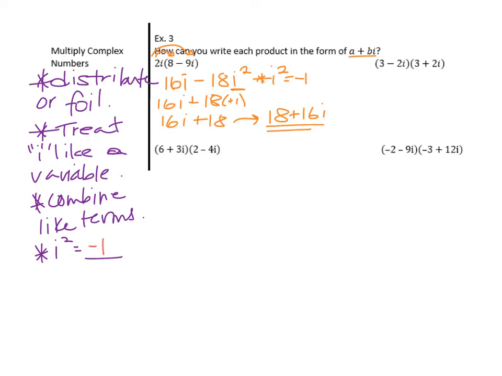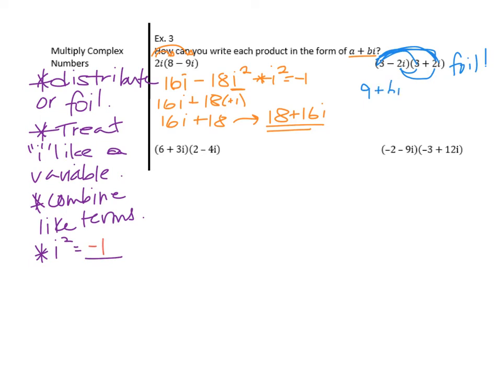Let's try the next one. 3 minus 2i and 3 plus 2i. Since there are two parentheses, what we'll do here is FOIL. So I'll do first, outside, and then we'll do inside and last. The first would be 3 times 3, which is 9. The two outsides would be 3 times 2i, and that would be 6i.